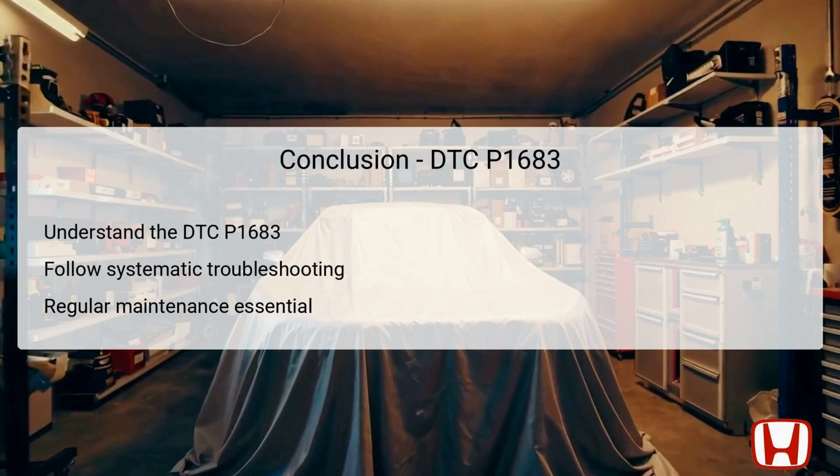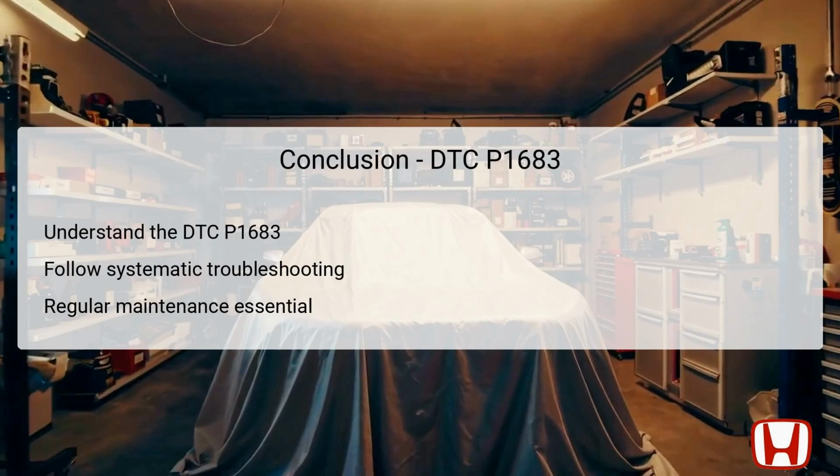In conclusion, understanding DTC P1683 and the related throttle valve default position spring performance problem is vital for maintaining the health of a Honda Civic. By following a systematic troubleshooting approach that includes problem verification, thorough checks of the throttle body, and repair verification, issues can be resolved effectively.